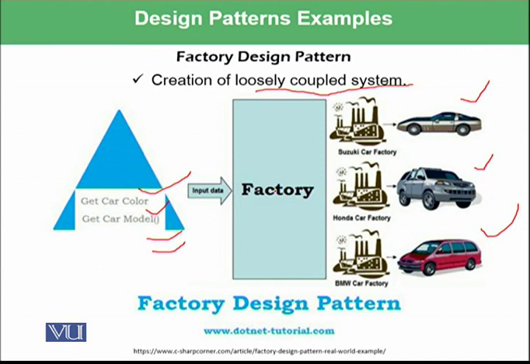No, the factory has already created cars with a loosely coupled system of engine, tire, body, glass, lights, all of the things are available. So based on the user requirement, they just need to connect the things and present it to the user.